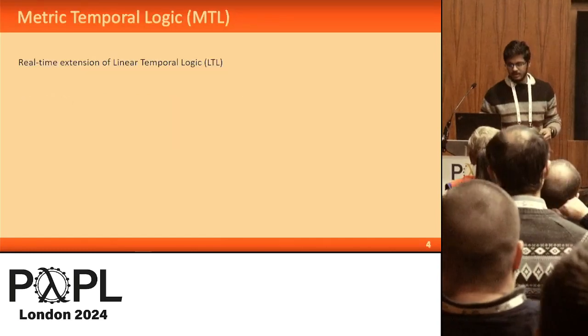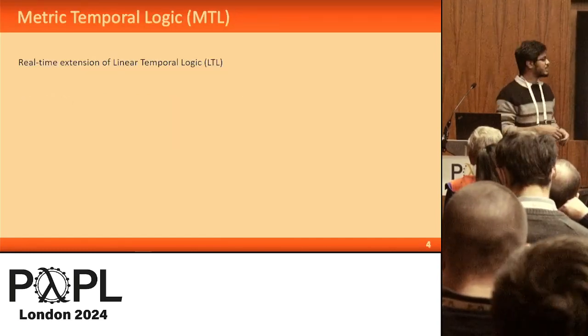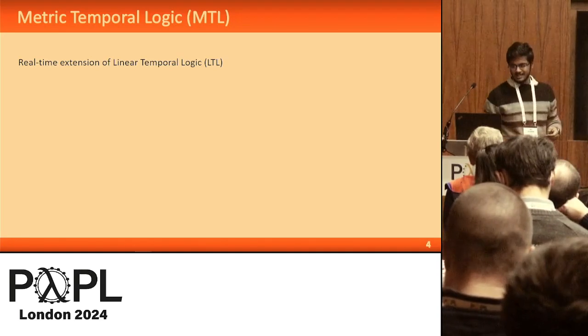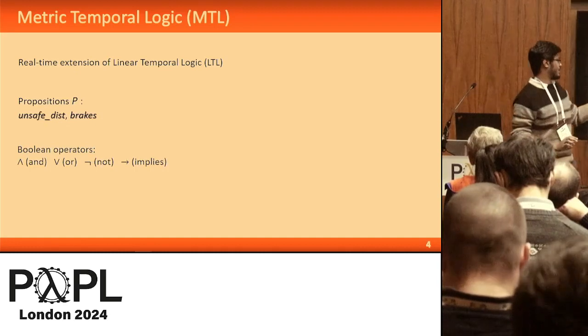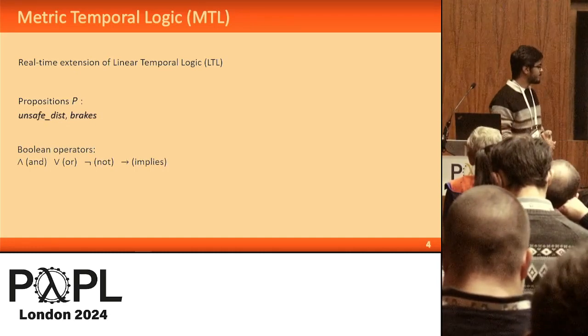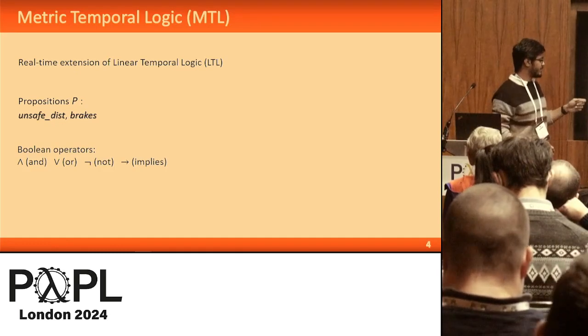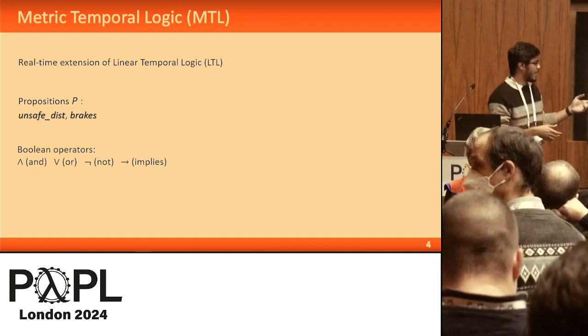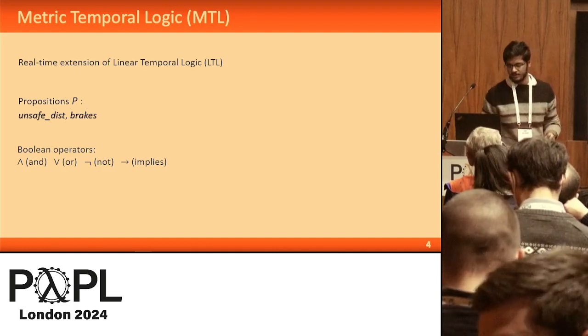Metric Temporal Logic is a real-time extension of Linear Temporal Logic. It is built over propositions such as reaching an unsafe distance, brakes getting triggered, and so on. Then there are Boolean operators, which represent Boolean combinations of properties. This could be and, or, and the standard Boolean operators.